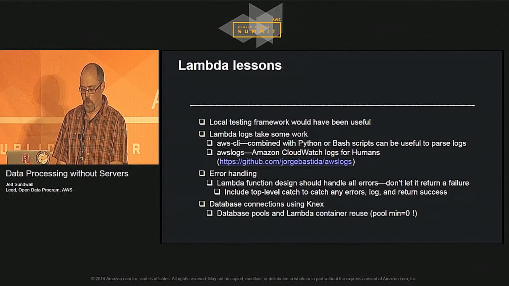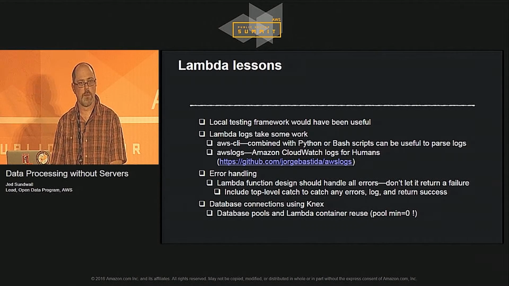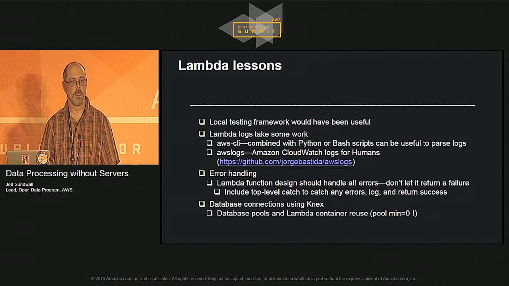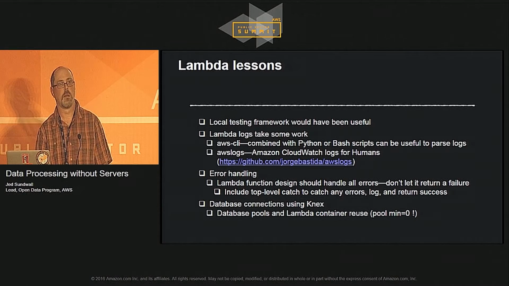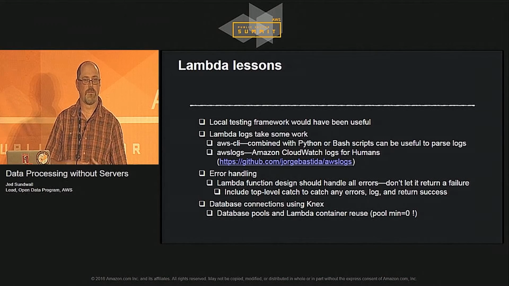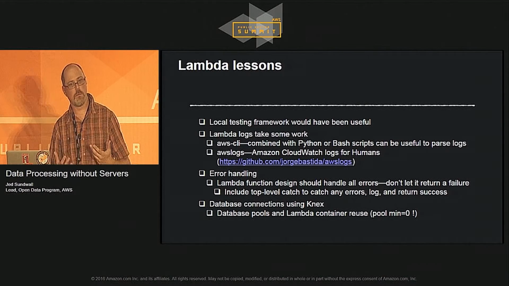But the most important thing we learned when using Lambda functions is that error handling is exceedingly important, very important. You do not want to push a Lambda function of code that mostly works.